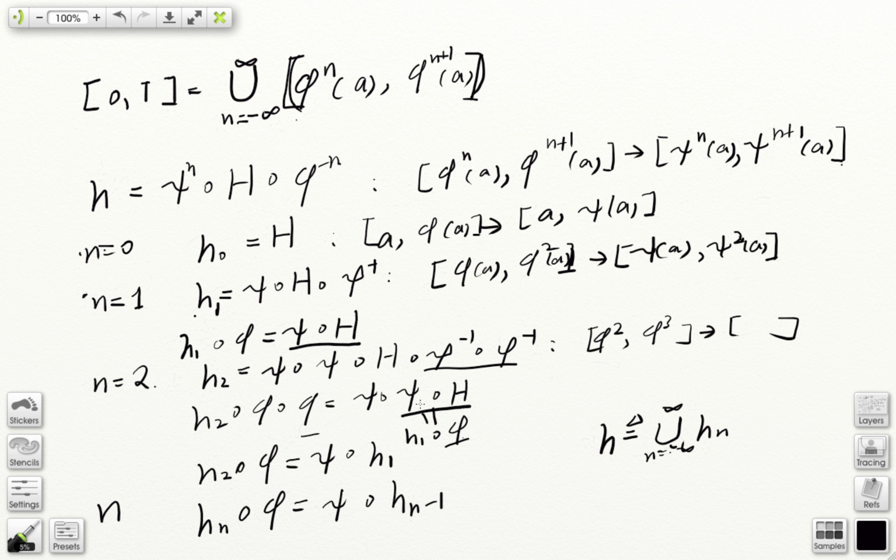And if we do the union, we get h compose phi equals psi compose h. Since it's n minus 1, it doesn't really matter, because we take the union. And from here we know that phi and psi are conjugate.